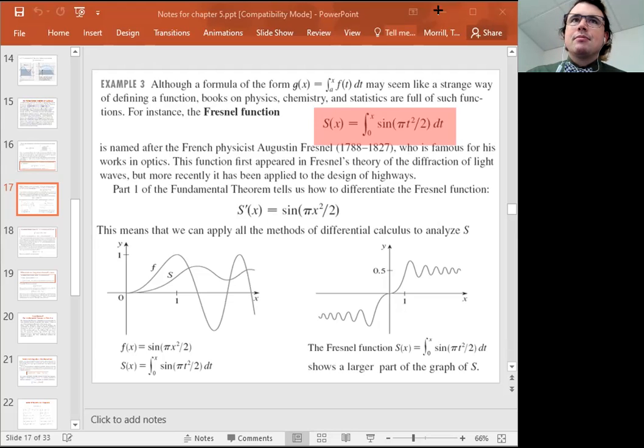Well, we can try to graph that out. Maybe we'd get a shape something like this. But if we're going to think about its derivative, how quickly this changes, well, calculating this derivative is no sweat. The derivative of this function is just the integrand itself.